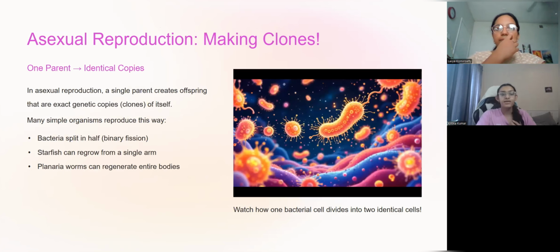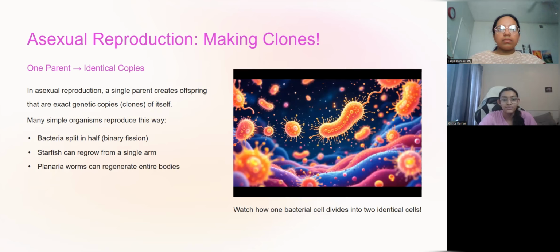Now we're going to talk about asexual reproduction, which we can call making clones. In asexual reproduction, there is only one parent making identical copies. A single parent creates offspring that are exact genetic copies, so basically clones of itself. Many simple organisms reproduce this way.